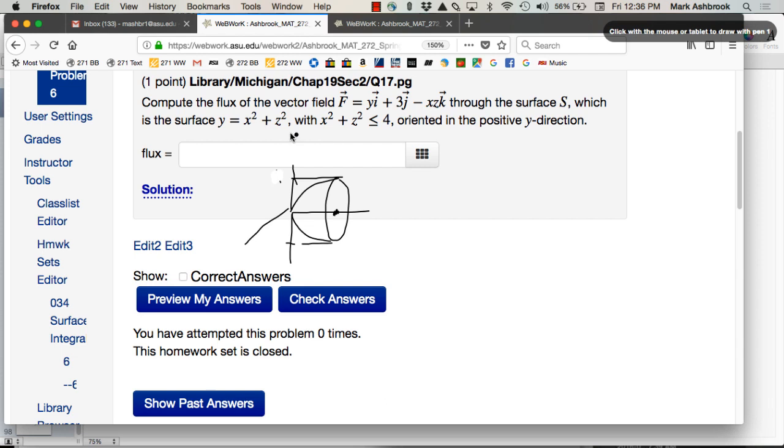Yeah, so if x squared plus z squared is less or equal to 4, then y is less or equal to 4. So this is 4, and then the radius is 2. So if y equals 4, then our radius is 2. So this is 2 and minus 2.